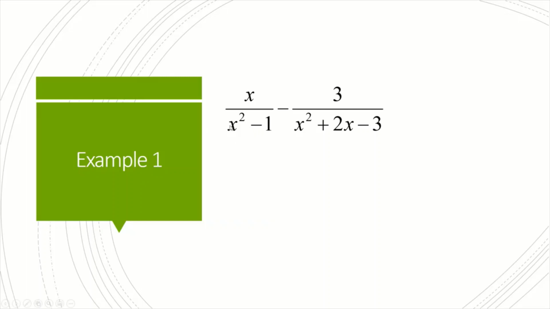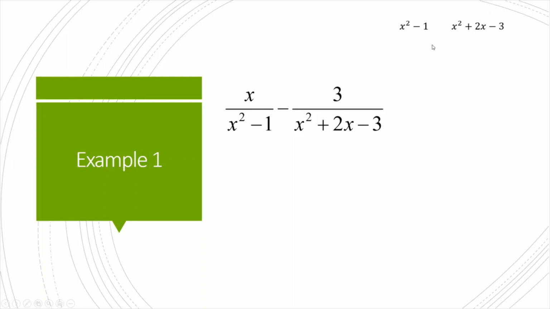So I'm going to look at x squared minus 1 and x squared plus 2x minus 3. I want to find the GCF. X squared minus 1 in factored form is x minus 1, x plus 1. And then here it would be x plus 3, x minus 1.